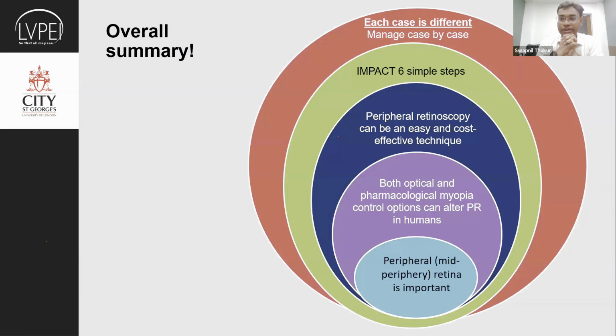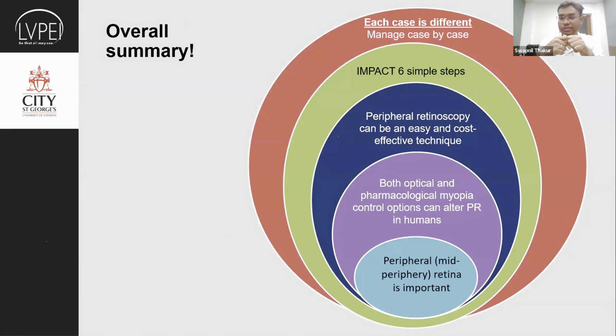Okay, so this is my last slide. This is the overall summary of what I have presented today. The peripheral retina is important, especially the mid-peripheral zone of the retina. The second is that both optical and pharmacological myopia control options can alter the peripheral refraction in humans, based on the current evidence.